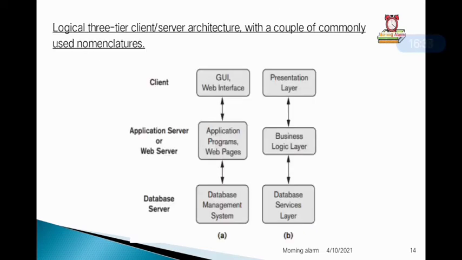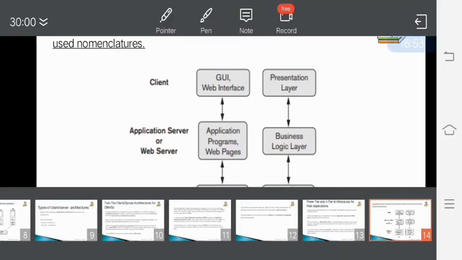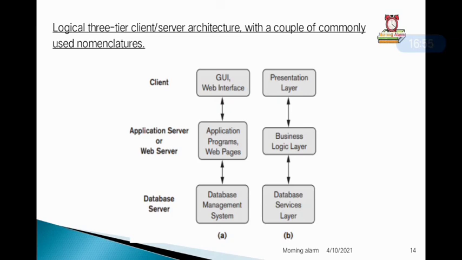And this is the diagram we have for 3-tier client server architecture with a couple of commonly used nomenclatures. The client is present at the top level and the database server is at the bottom level. Between the client and the database server, we have the application server or web server.